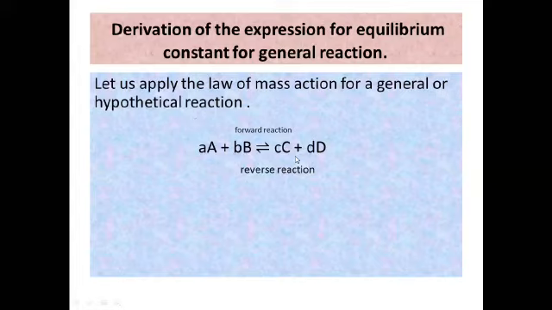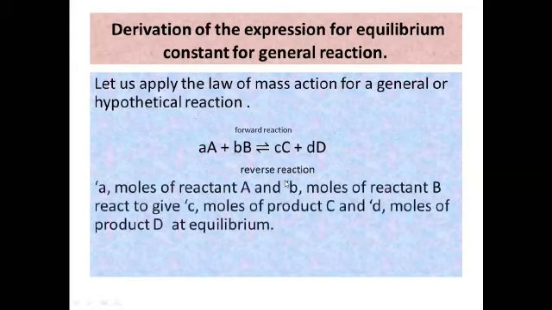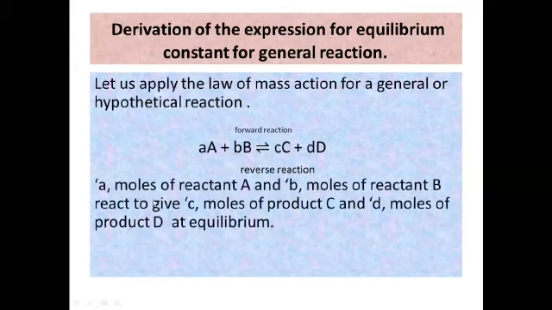When the reaction moves from left to right, it is called the forward reaction. And when the reaction moves from right to left, it is called the reverse reaction. So according to the law of mass action, small a is the moles of reactant A and small b is the moles of reactant B, which will react together and give c moles of product C and d moles of product D at equilibrium.